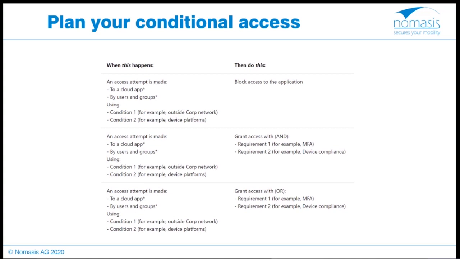You will list all the conditions, and you can say if it's an and or an or, so if all the conditions or only one of the conditions apply. For example, outside of the corporate network or device platform, then you do this, for example, block access. Then you list all the scenarios, and you can make sure that you don't forget anything.